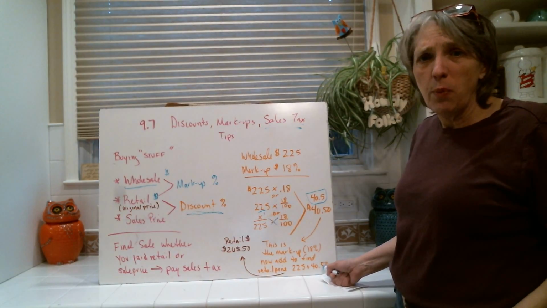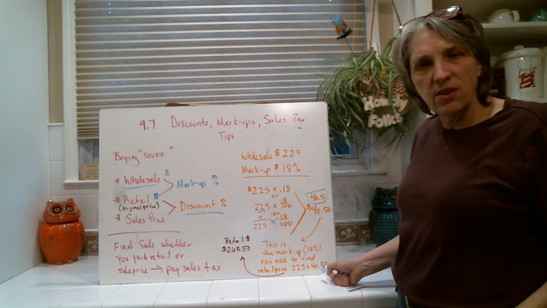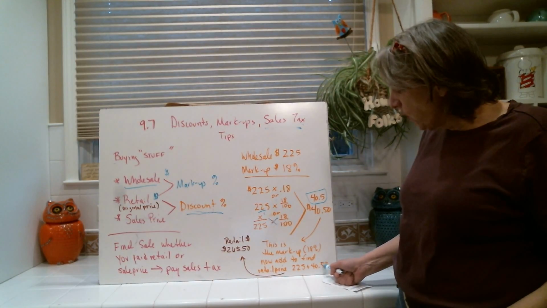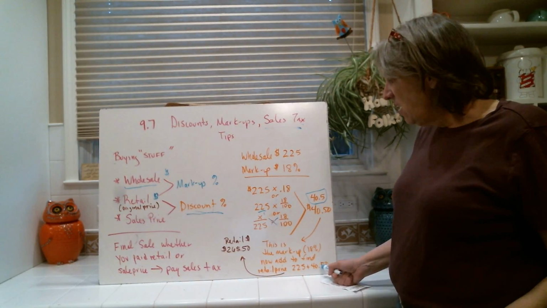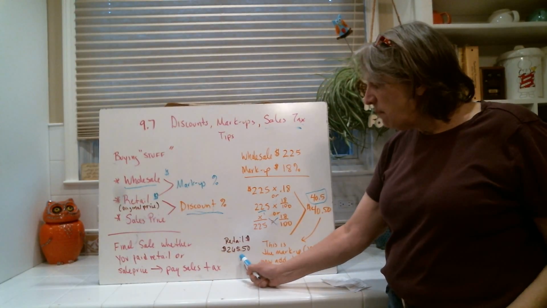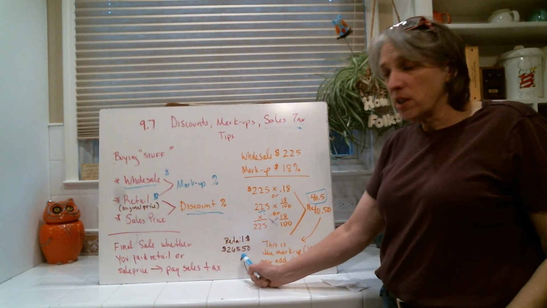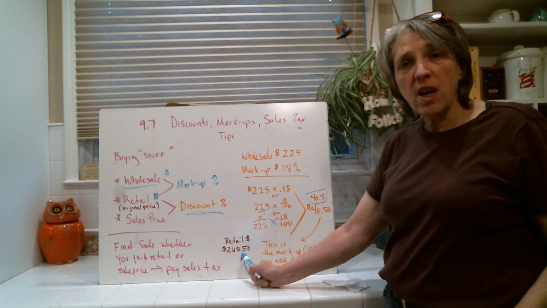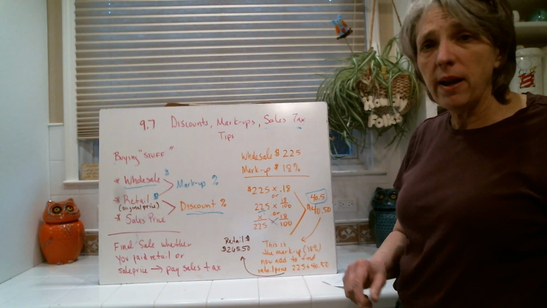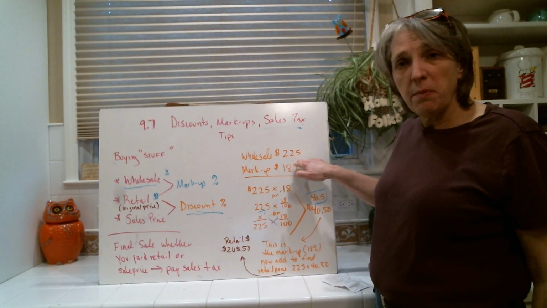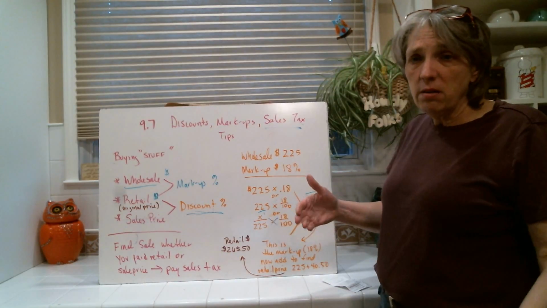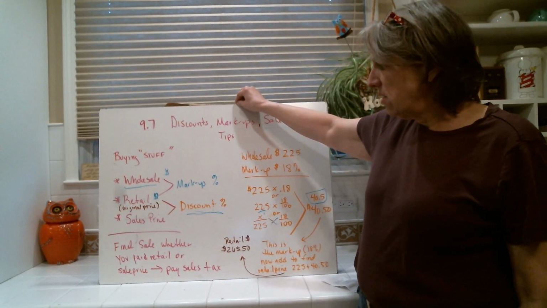You can't say it's $40.5. You're going to lose points, because you have to let me know it's $40.50. I add it to $225, and my retail price is $265.50. That's how much I'm going to charge you to buy it. I get my investment back of $225, and I make $40.50.